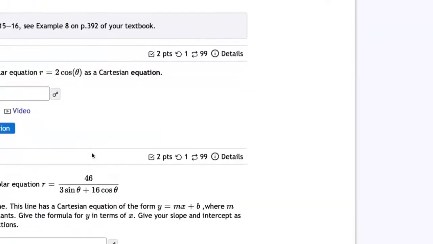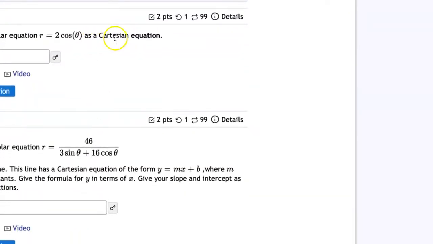So number 15, we're going to rewrite the polar equation r is equal to 2 cosine theta. The trick here is actually to multiply both sides by r. If you multiply both sides by r, you end up with r squared is equal to 2r cosine theta.